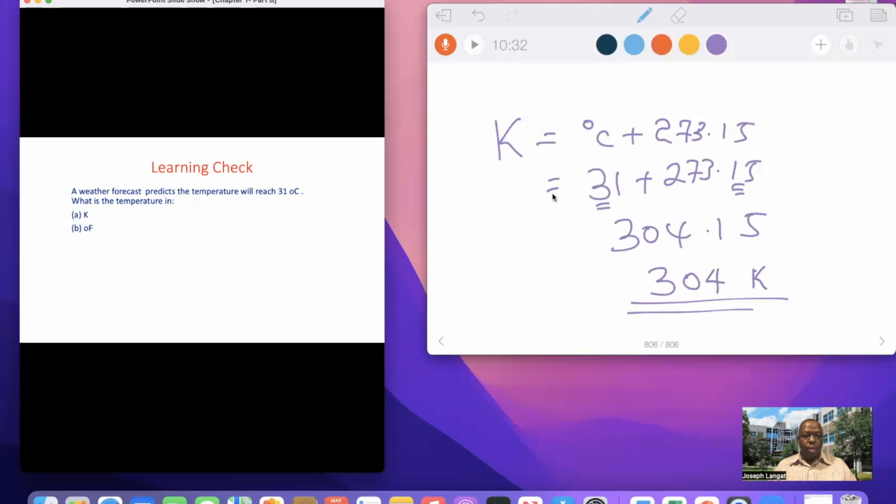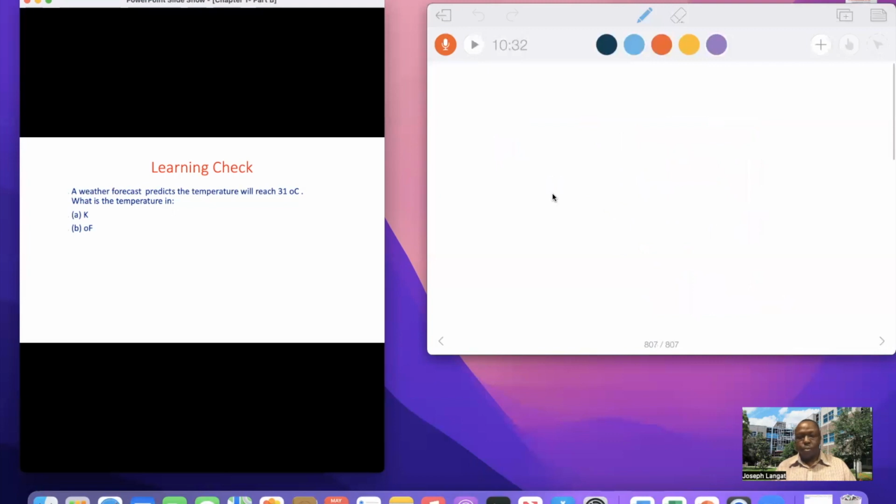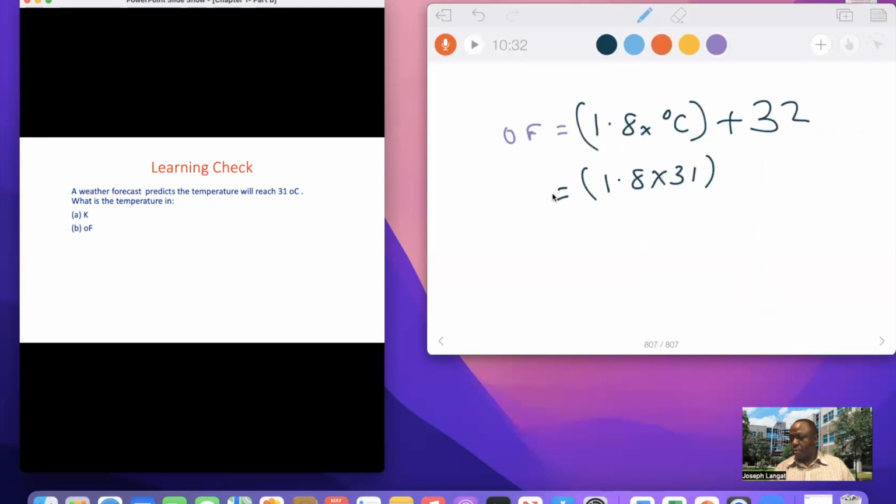So with our temperature in degrees Celsius, degrees Fahrenheit is given by 1.8 times degrees Celsius, plus 32. This is 1.8 times 31 plus 32.